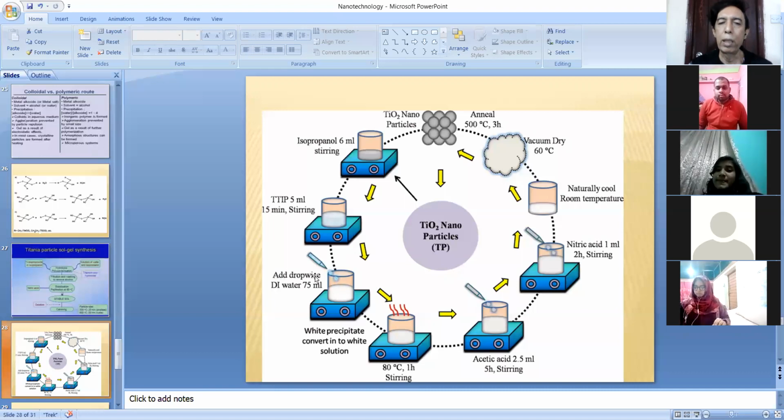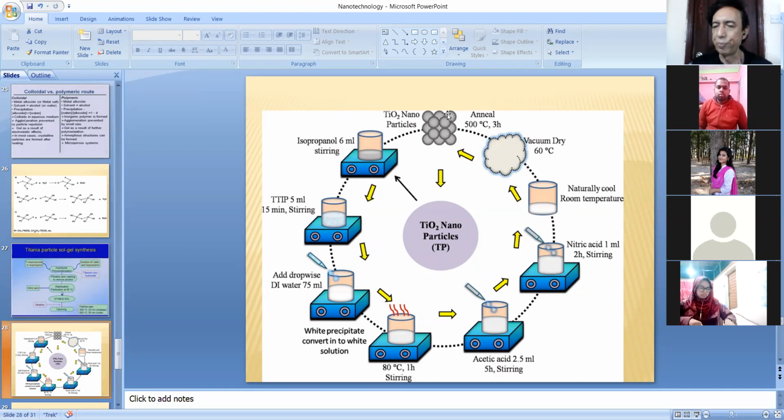After adding water and stirring at 80 degrees centigrade for 1 hour, you will get this type of substance. Then you add acetic acid and nitric acid. Then naturally cool and vacuum dry, and you will get titanium dioxide nanoparticles. This is the plain procedure of sol-gel formation.